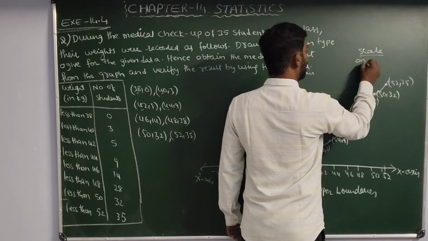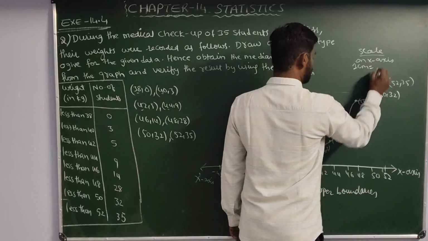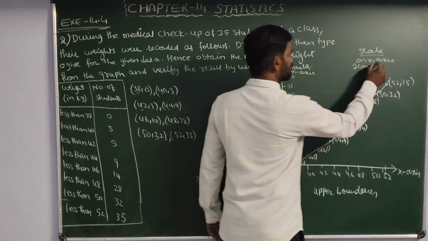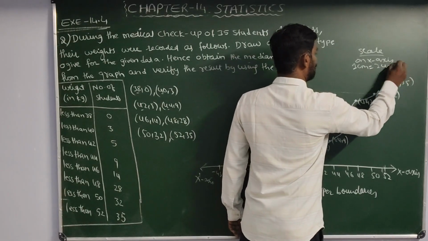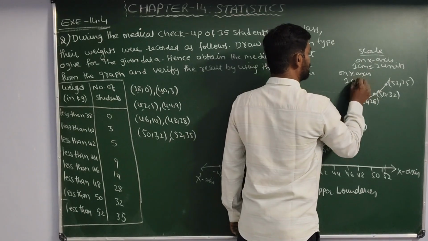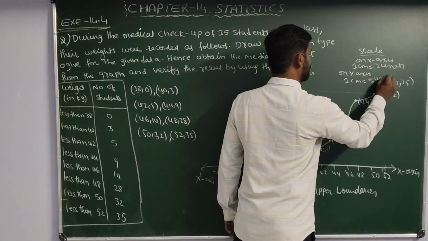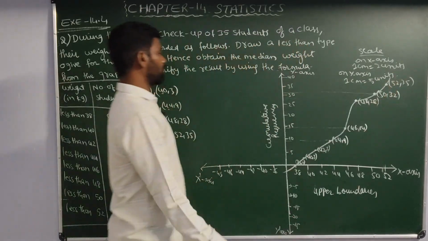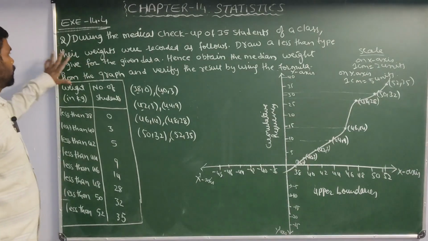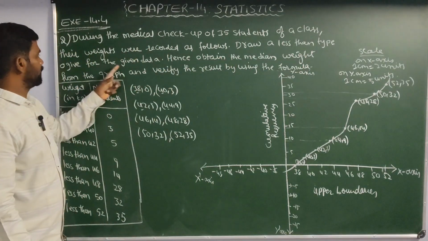Scale on the x-axis: 1 centimeter is equal to how many units? 2 units. On the y-axis, 1 centimeter is equal to 5 units. Right. Okay, so we have drawn a less than type ogive for the given data.